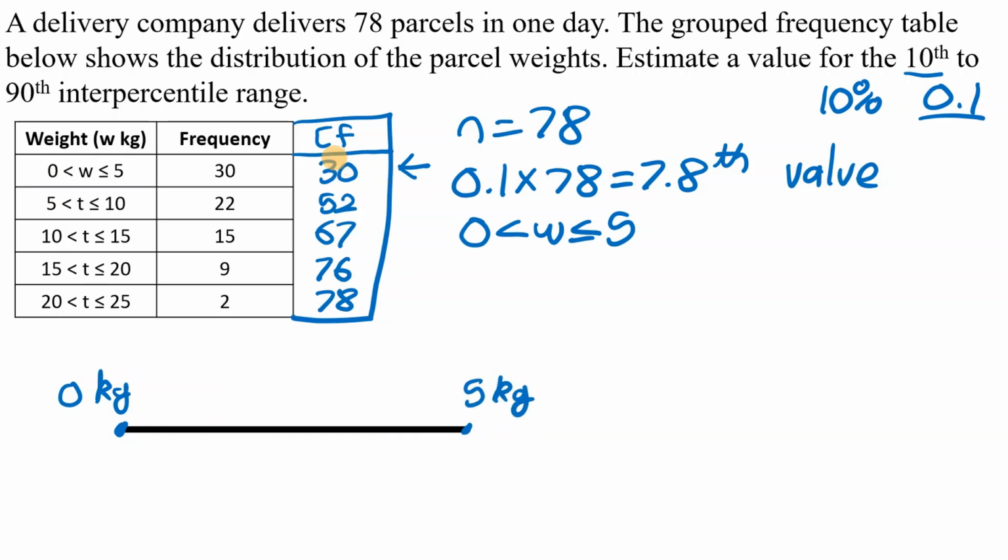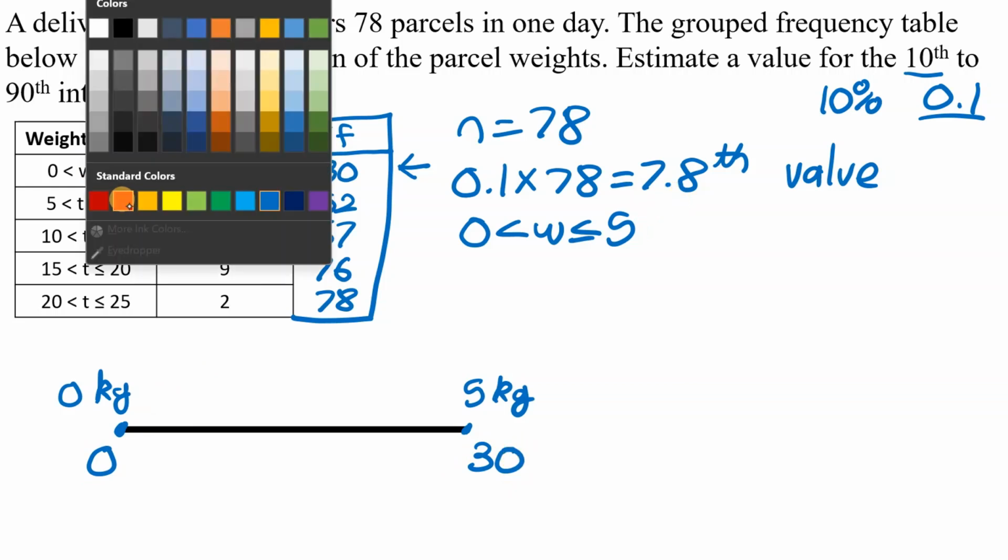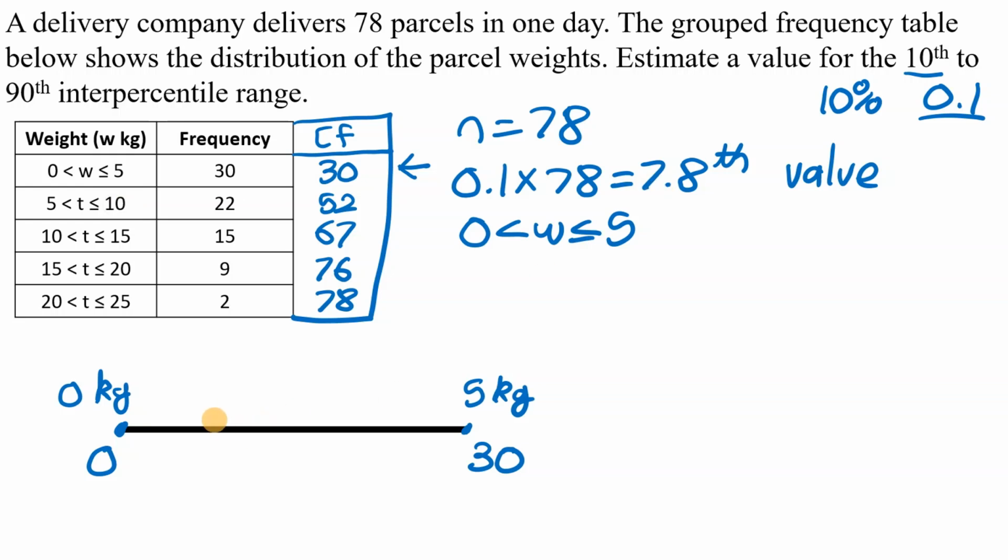And if we look at the frequencies, this is the first interval, so it starts at 0 frequency and it ends at 30. We're trying to find the 7.8 value, so let's say that between 0 and 30 this is about here, so this is 7.8. So this is the value that we're trying to find.